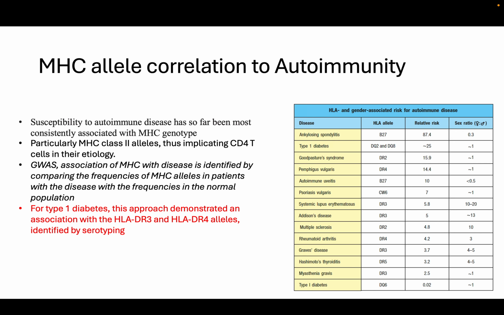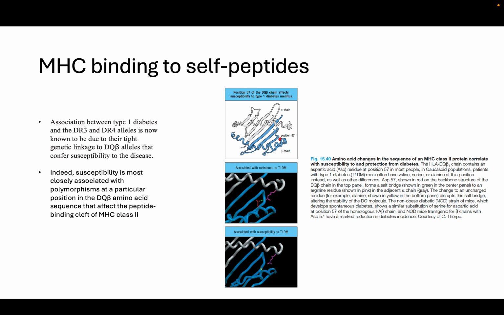These are examples. But to make it a bit more complicated, people that have the DR3 and DR4 alleles, which are MHC2, have a predisposition, but there's something called polymorphisms. Let's imagine you have 20 people that have the DR3. They all have the same gene, but they have SNPs.